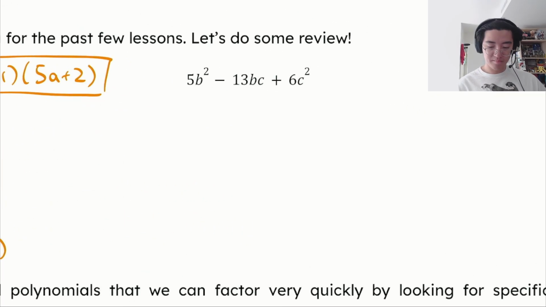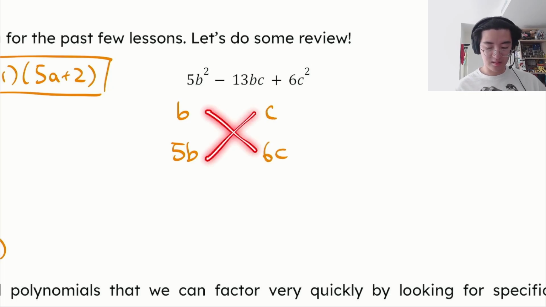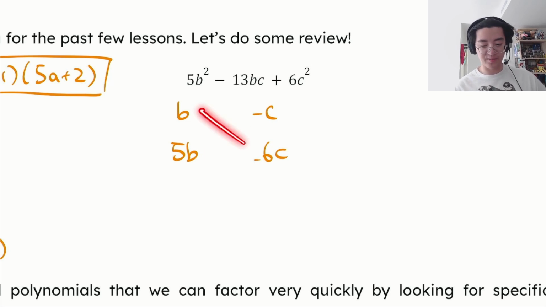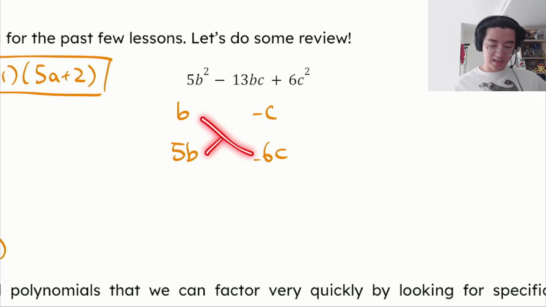Okay. Let's check this. b and 5b. Two factors multiplied to 6c squared, so we can try c and 6c. Actually, we know right away that they must be two negative factors, because somehow they have to add up to negative 13bc. Negative 6 plus negative 5 is negative 11.